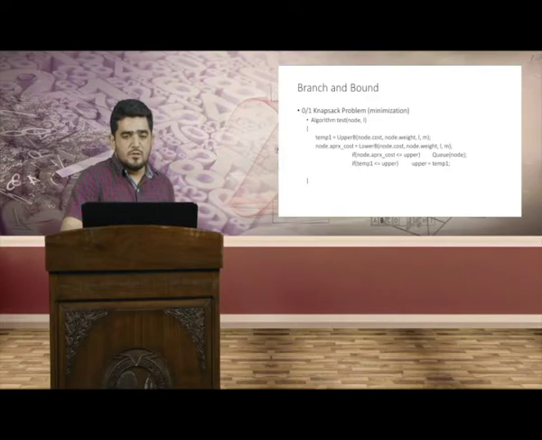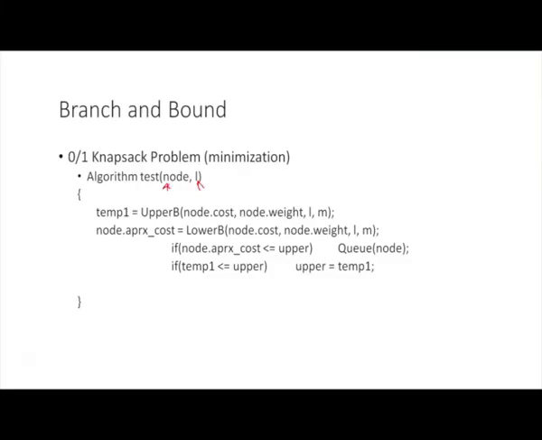So we send the node, and we send the level at which we are trying to bound. We call the upper bound function for this current node and save it to temp1, and we call the lower bound function for the same node and save it to node dot approximate cost, and then test the conditions.